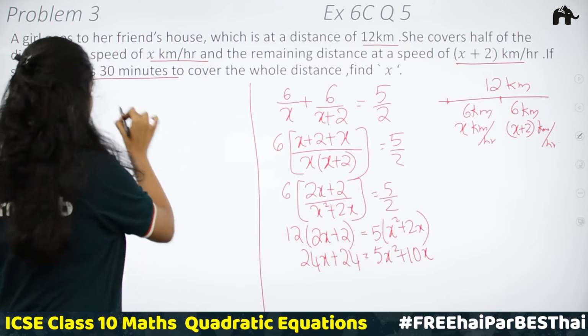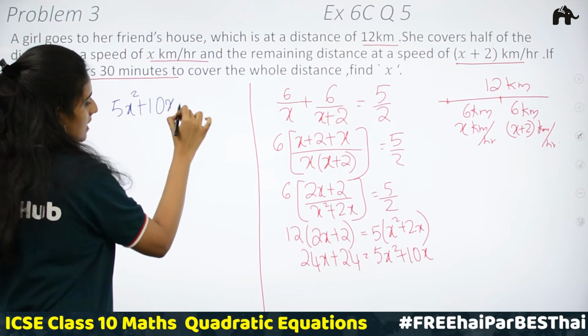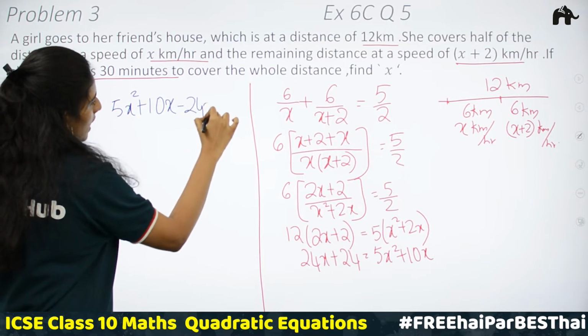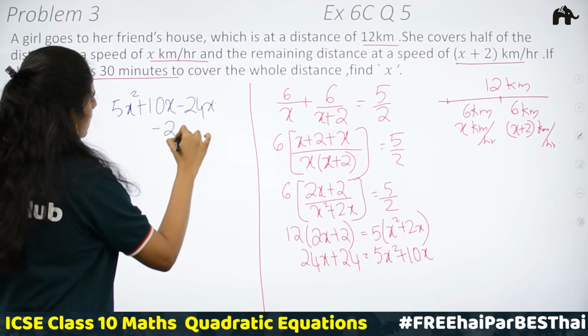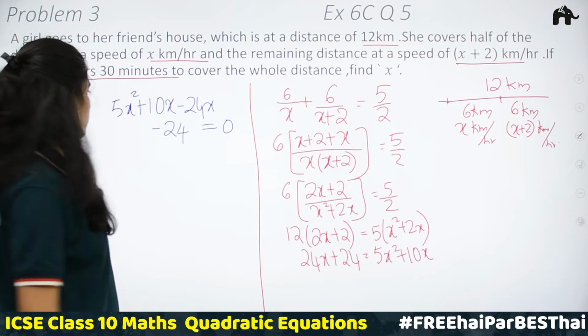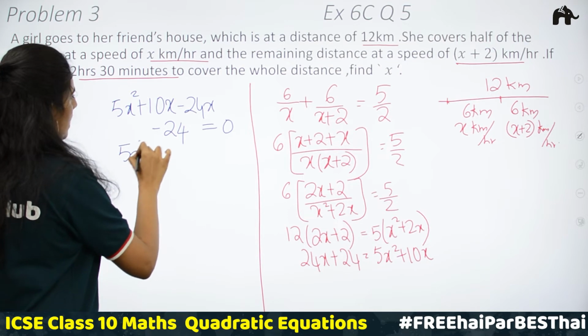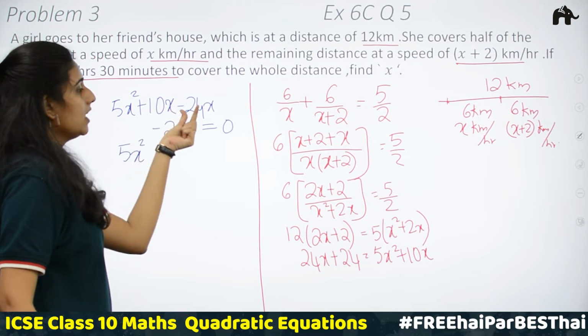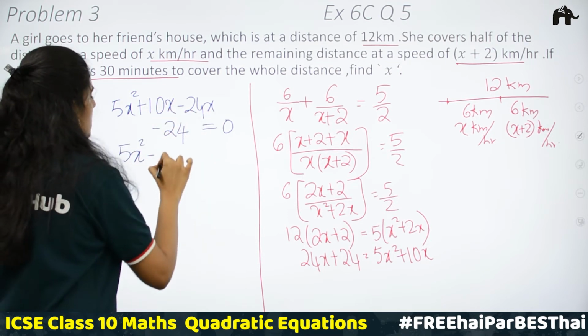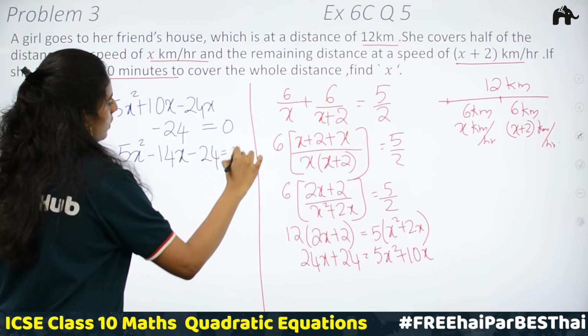Rearranging this, 5x square plus 10x minus 24x minus 24 is equal to 0. That is 5x square, 10x minus 24x is minus 14x, minus 24 is equal to 0.